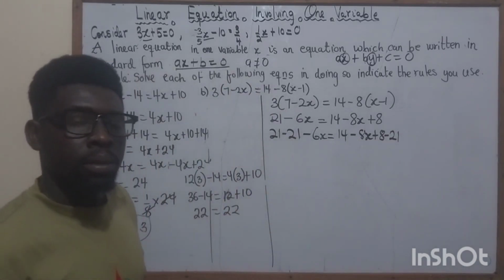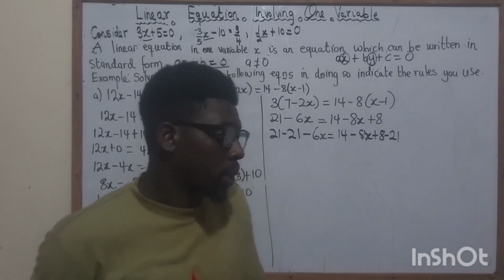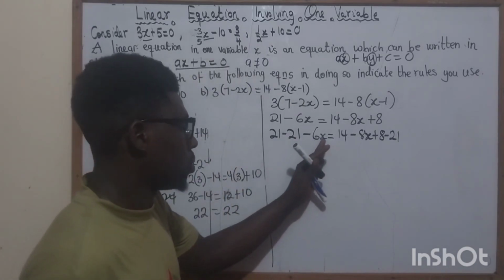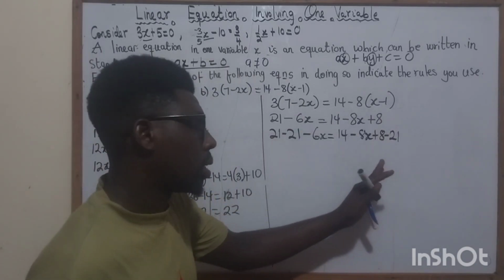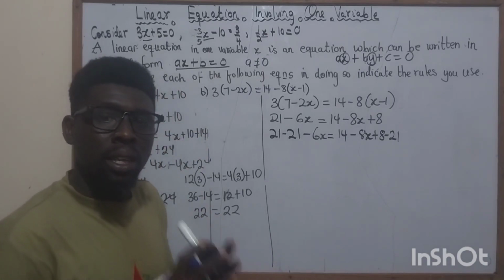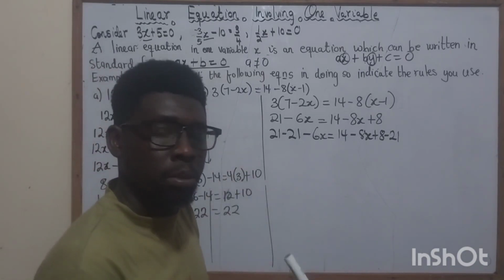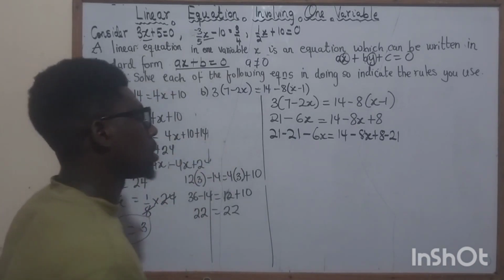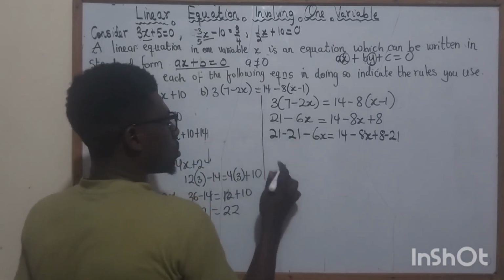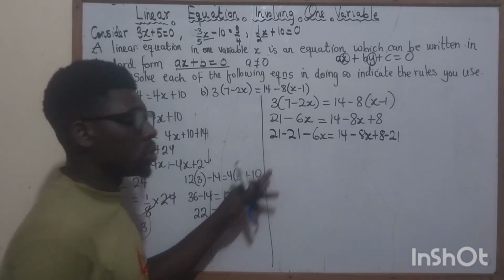The subtraction property of equality says you do the same to the other side of the equation. The same value that you subtracted at the left-hand side must be subtracted at the right-hand side, okay? So 21 minus 21 gives me 0.